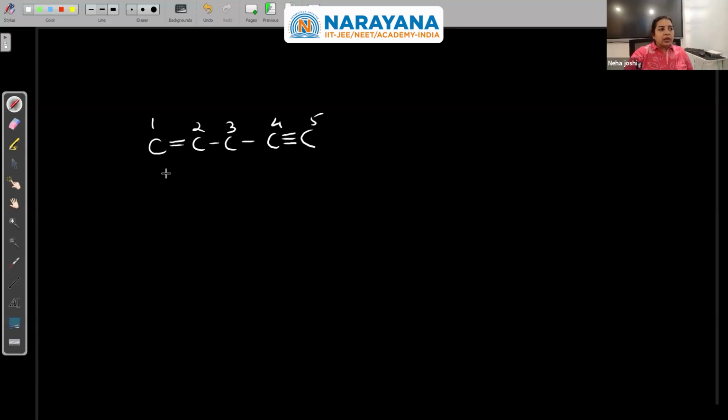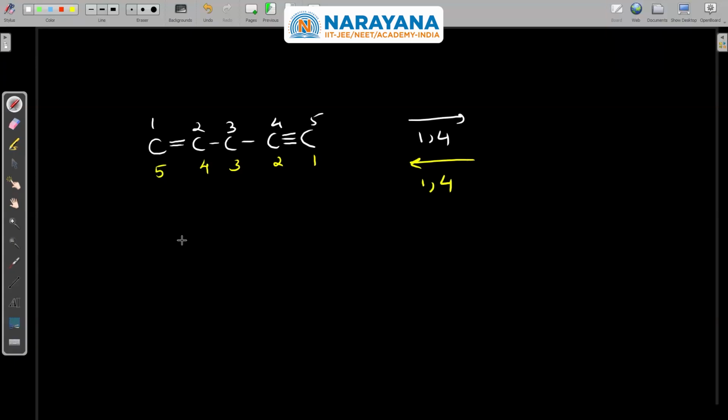See, Mahil, I will definitely have two choices. I can either go this way or I can go this way. Now see, the set is same, Mahil. If I go from yellow like this, still the set is 1, 4. If I go with white like this, my set is 1, 4 only. Say yes or no. Yes, ma'am.